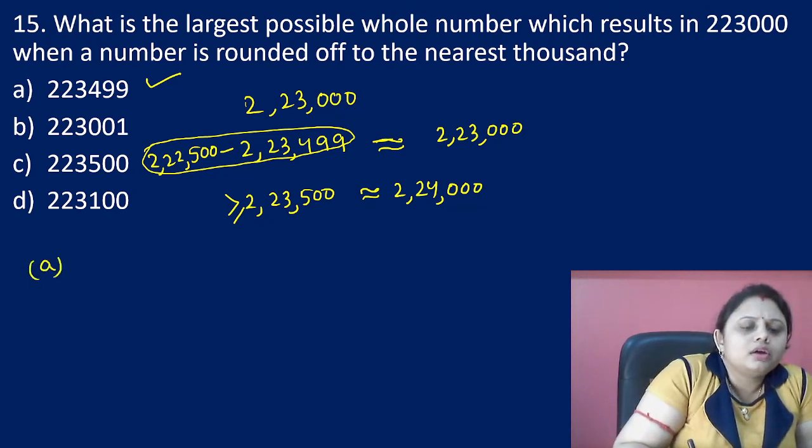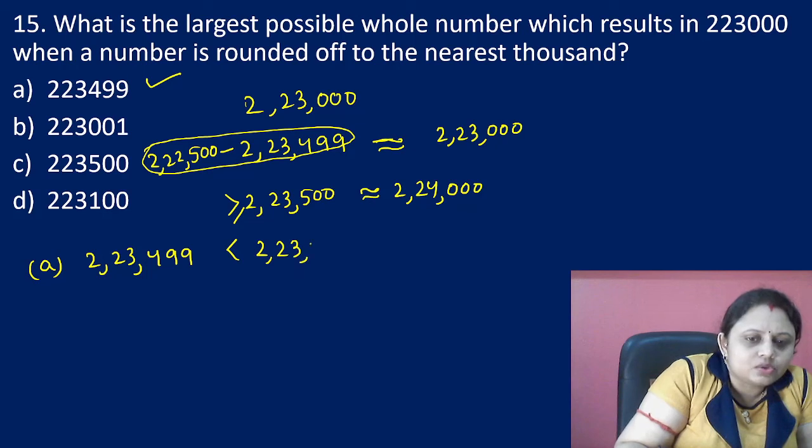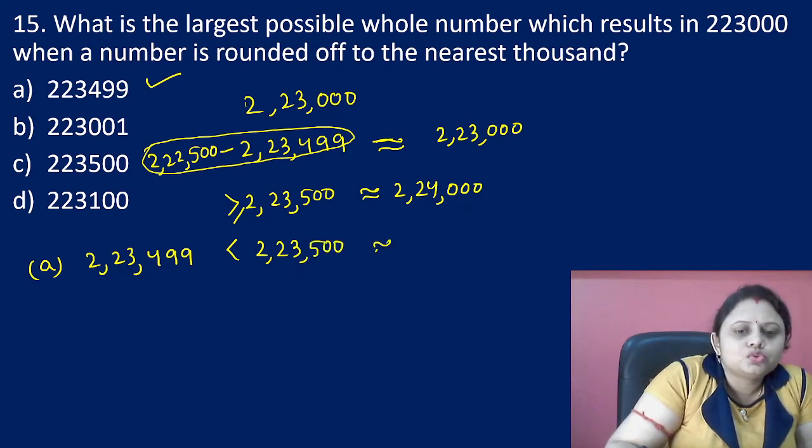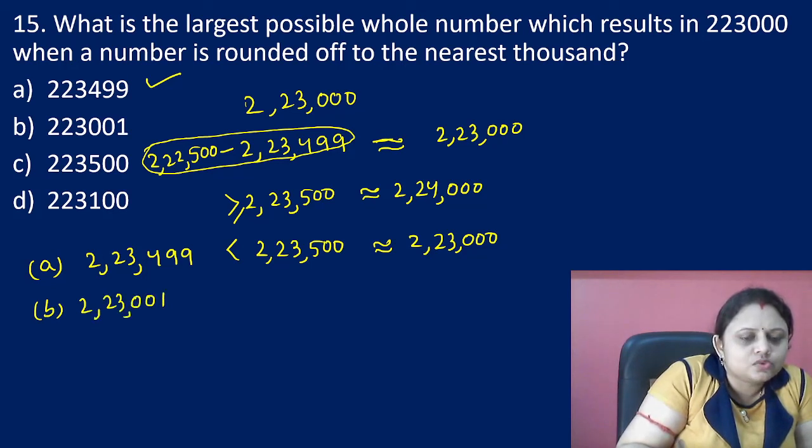Let's do another thing also. 2,23,499 is less than 2,23,500, so the nearest thousand value is 2,23,000. In option B, 2,23,001 is nearly equal to 2,23,000.